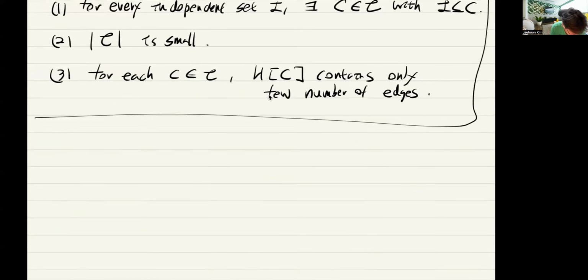And this is useful in counting many mathematical objects.